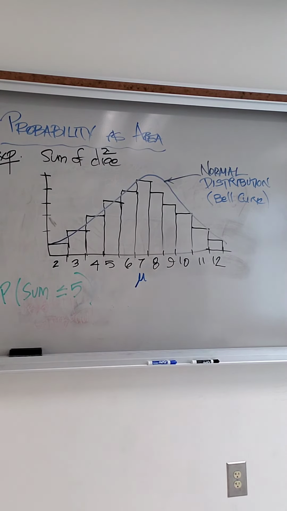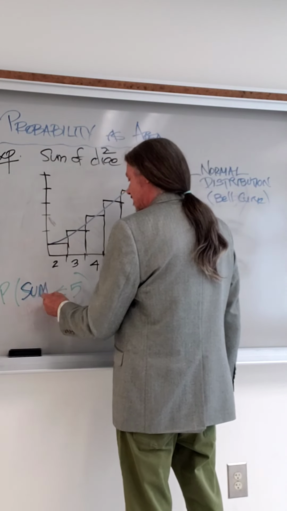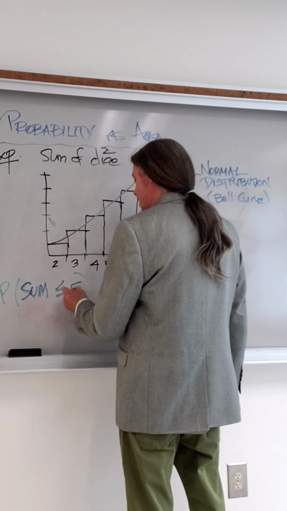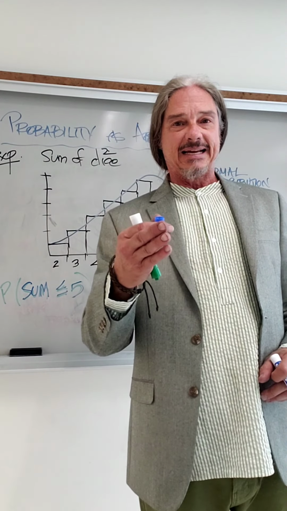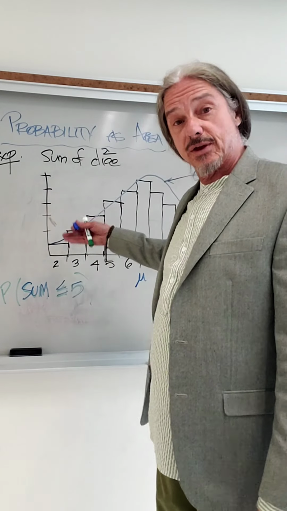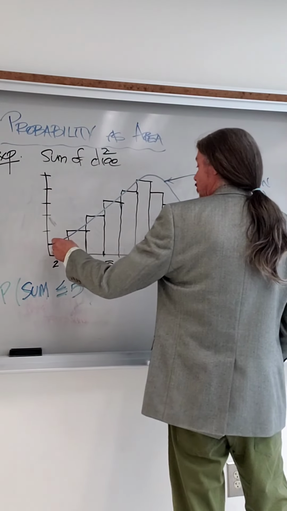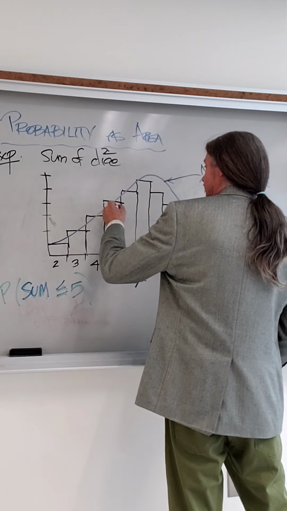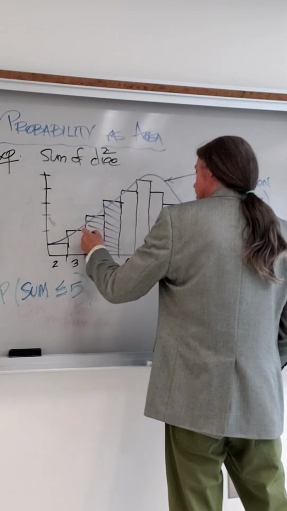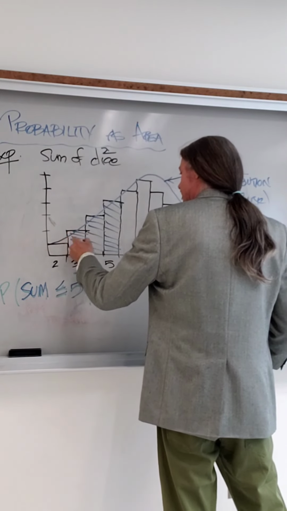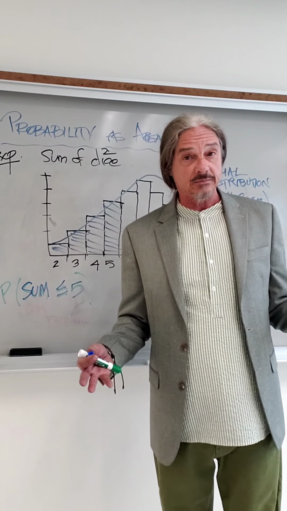The probability of having the sum of the dice less than or equal to 5 is the same as the area underneath the distribution curve from 2 to 5. So this shaded region, the area of that shaded region is the probability.